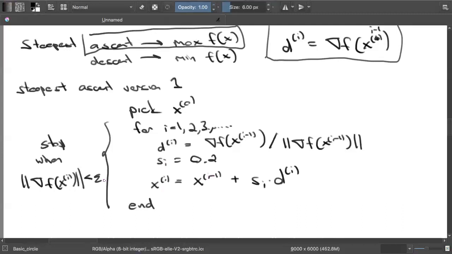This is an issue very similar to what you saw in exhaustive search. In the optimization community, this would be frowned upon. But this is how most machine learning occurs. In a machine learning context, this s sub i is called the learning rate.